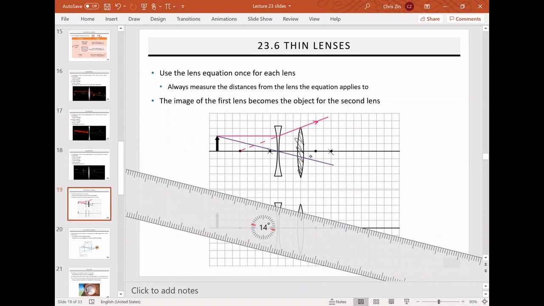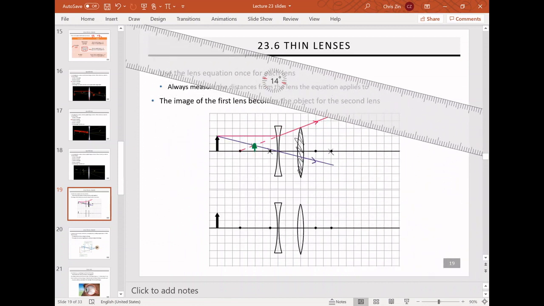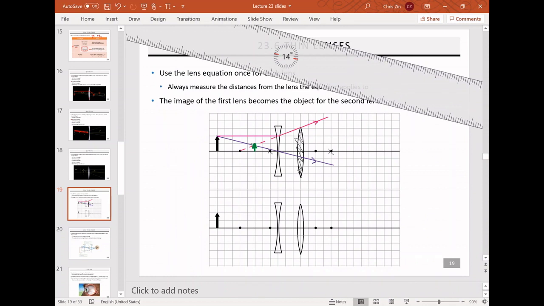And that one just goes out like that. These two outgoing rays do not meet, but if you trace them backwards, it looks like they're located right here. So we've determined the image for the first lens.